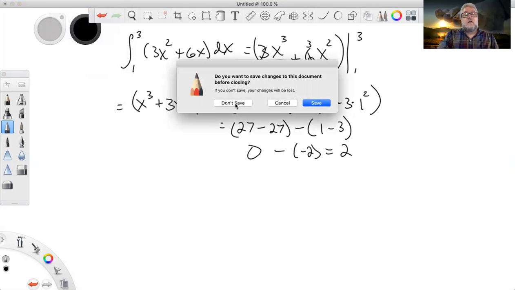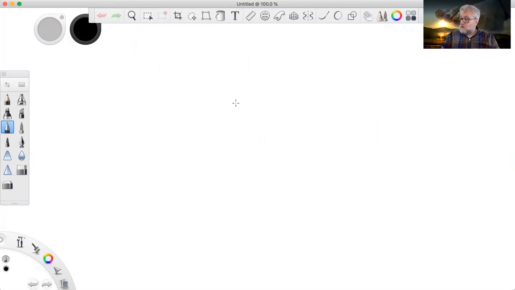Let's try another one. Oh, this one looks fun. Integral from 3 to 5 of x times the square root of x squared minus 9, plus 2.